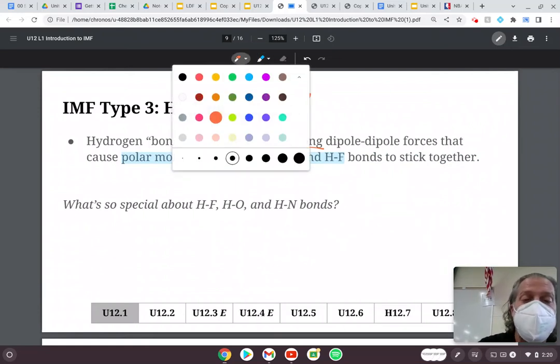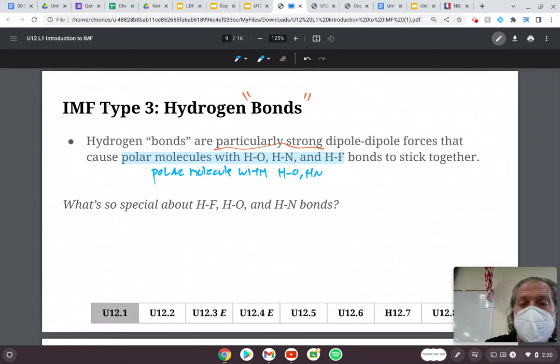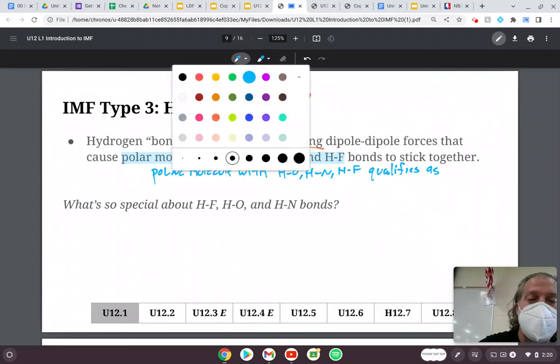So the qualifier here for hydrogen bond is polar molecule with HO or HN or HF qualifies as hydrogen bonding.